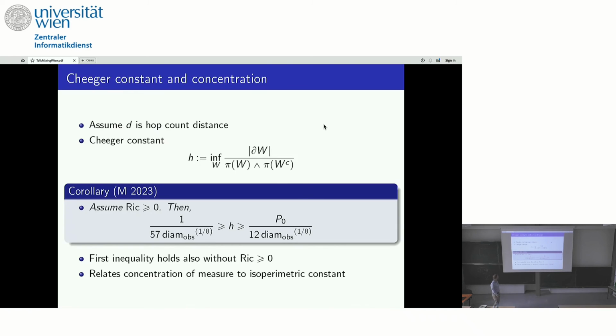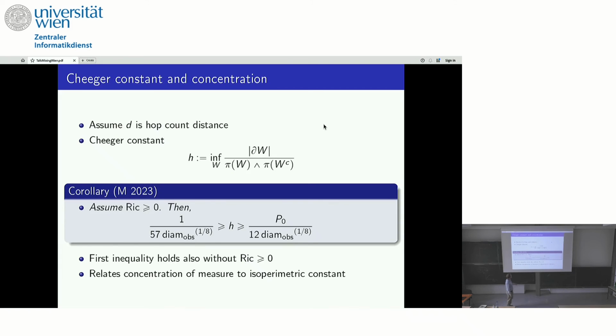Okay, let's talk about a few corollaries. The first is if we want to get back the Cheeger inequality. So the Cheeger constant is just boundary measure divided by volume measure, and you minimize over all subsets. Then we can sandwich the Cheeger constant using the concentration profile and just using a single point of the concentration profile.